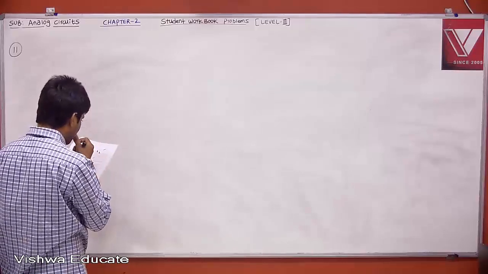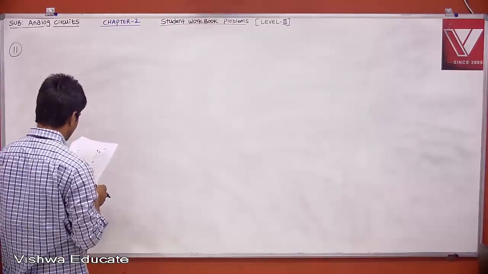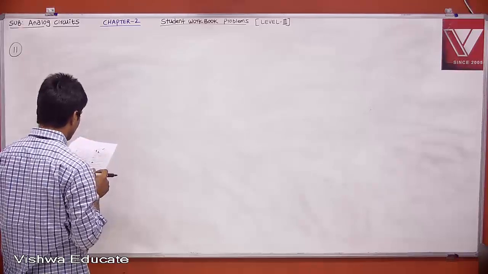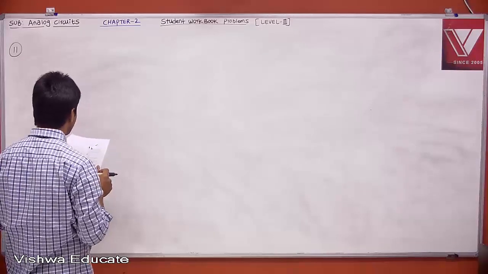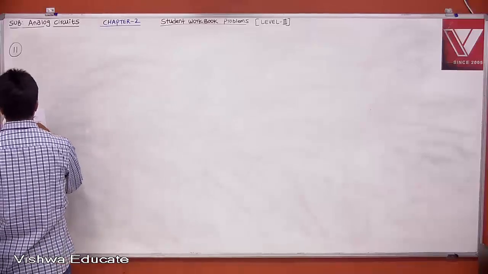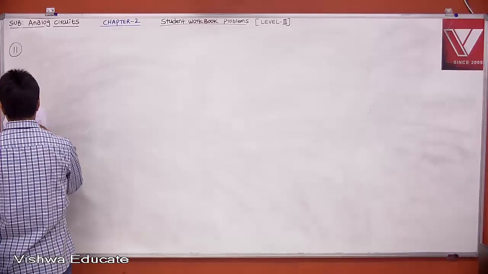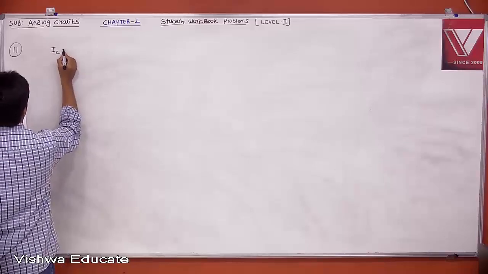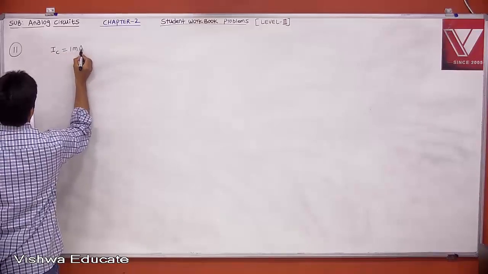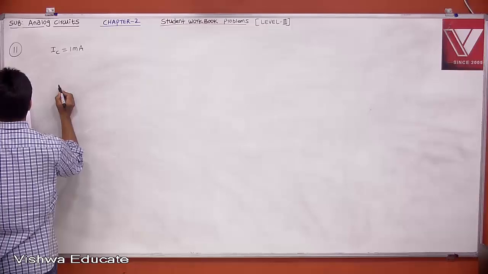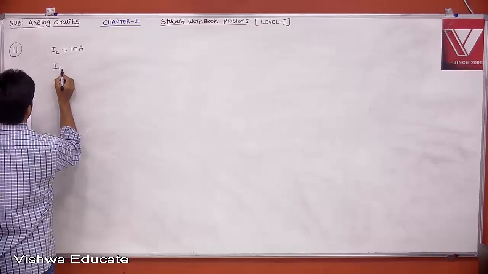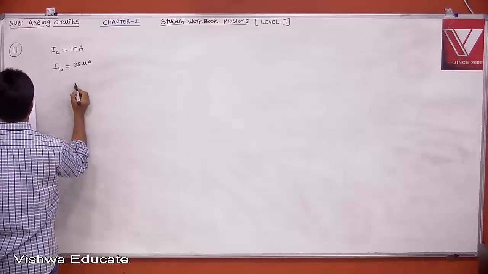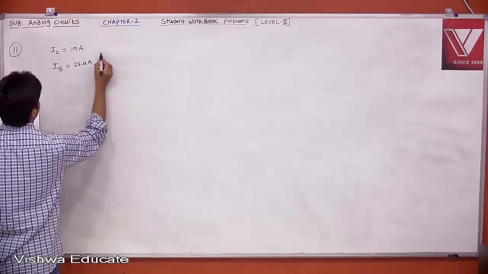A common emitter transistor amplifier has a collector current of 1 milliampere, its base current is 25 microampere, at room temperature.